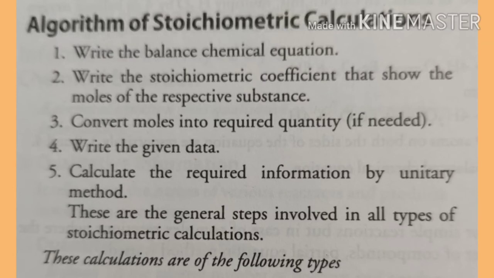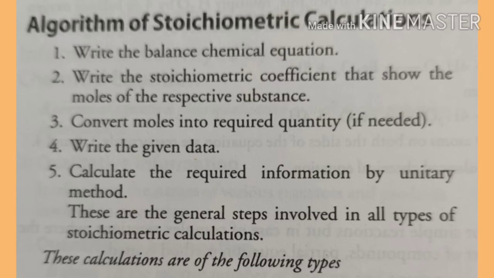So first we write the balanced chemical equation. Then we write the stoichiometric coefficients for the respective substances. Third point, we convert moles into the required quantity if needed. Then we write the data given in the question.